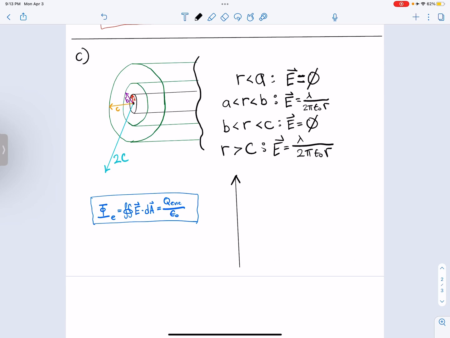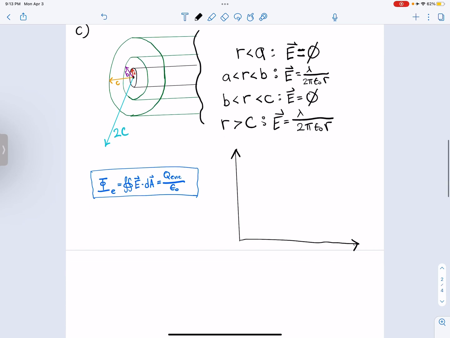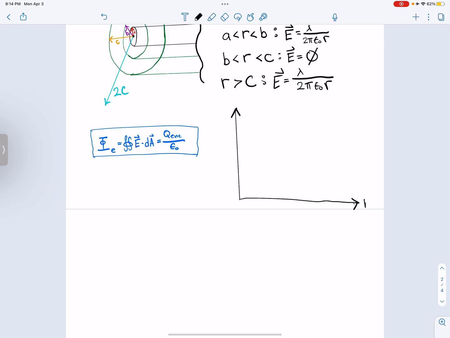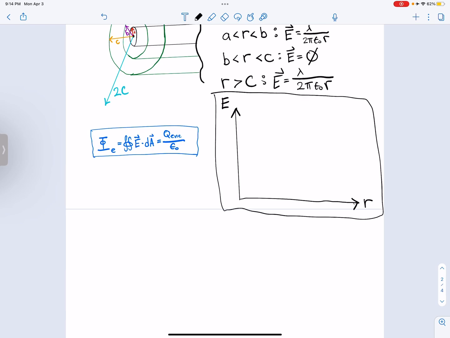Sometimes it doesn't. Whatever. Okay, so that's going to be radius r, a graph of electric field as a function of the distance r.